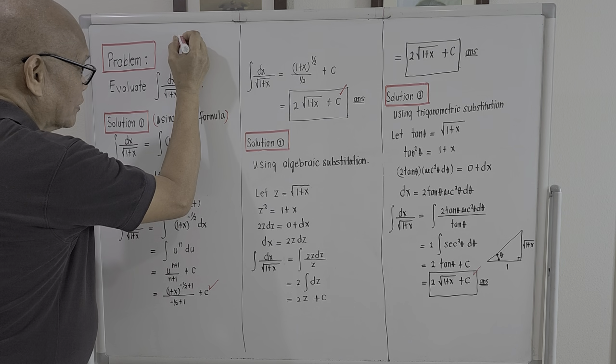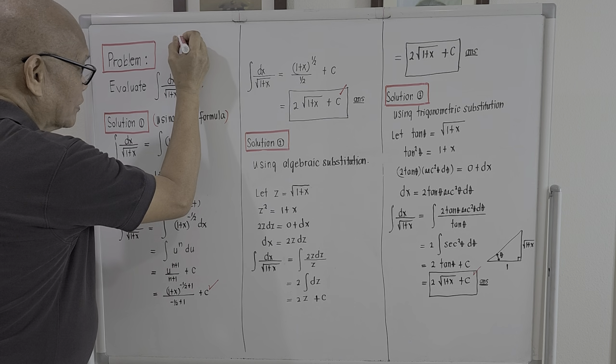And this is now similar to the form, the integral of u to the n du. The limitation of this formula is that this n should be a constant. If this is similar to that, my u should be the value inside the radical.